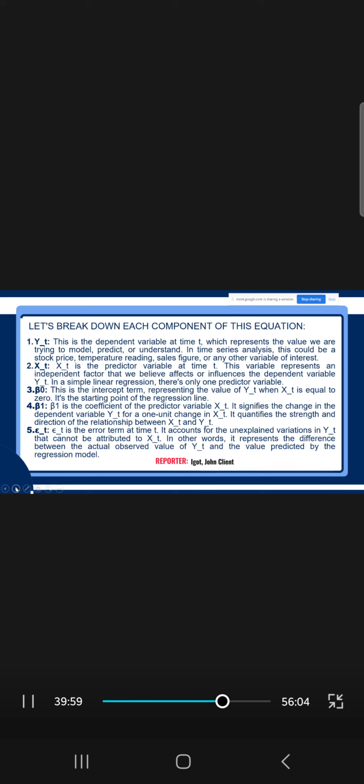Next is b0. This is the intercept term, representing the value of y_t when x_t is equal to 0. So it's the starting point of the regression line. The fourth is b1. b1 is the coefficient of the predictor variable x_t.